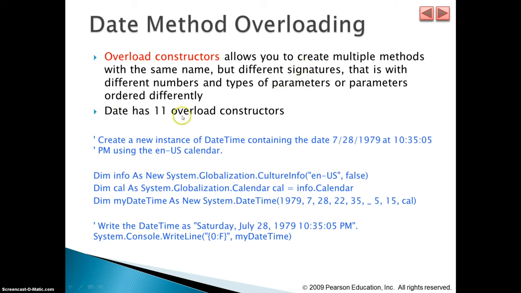So date actually has 11 overload constructors, so you can see there's lots of variations with date. This example is a little more sophisticated. By the way, remember the single quote here is designating a comment. This is just showing you if you wanted to create a new instance. An instance is when you actually generate an instantiation of a particular variable with these values.